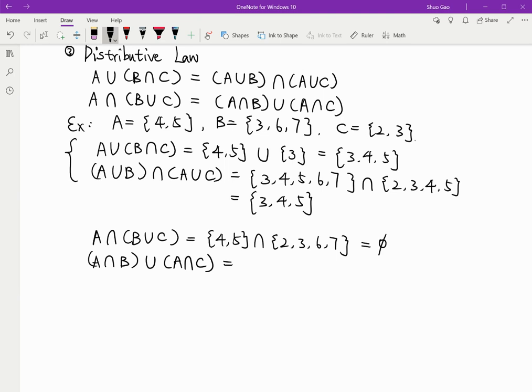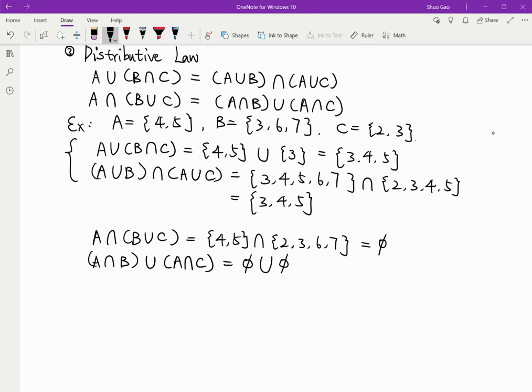So first, A intersect B is also empty, right? Because 4, 5, and 3, 6, 7, there are no common elements here. And the second one, A intersect C, should also be empty, right?